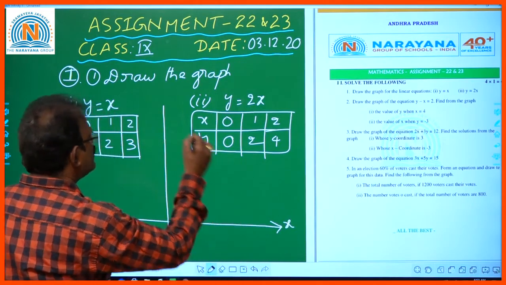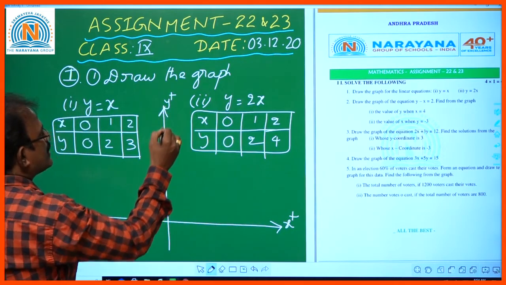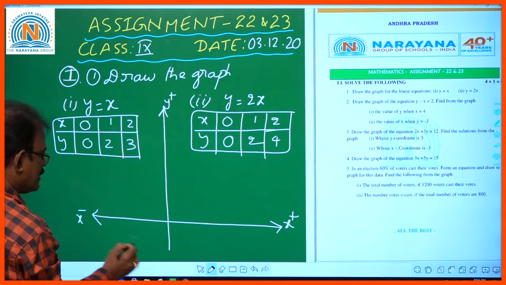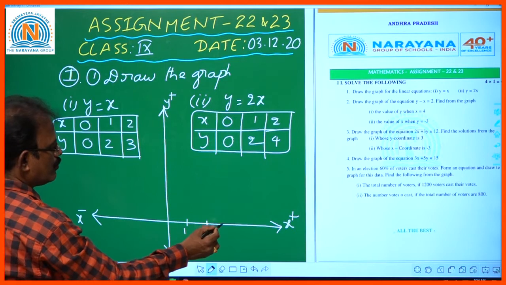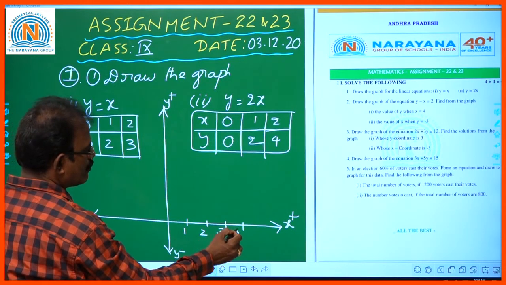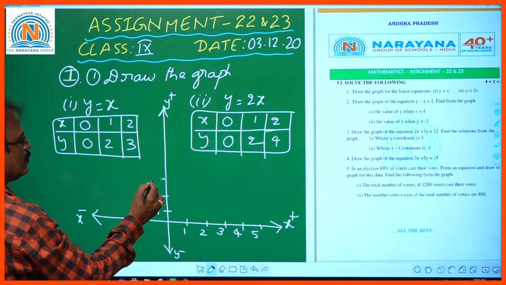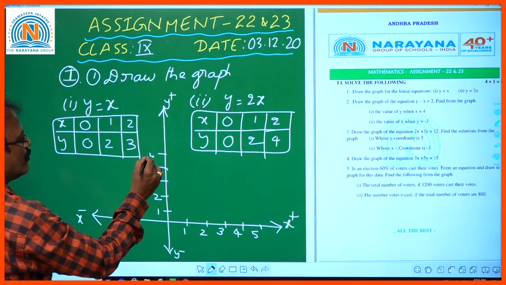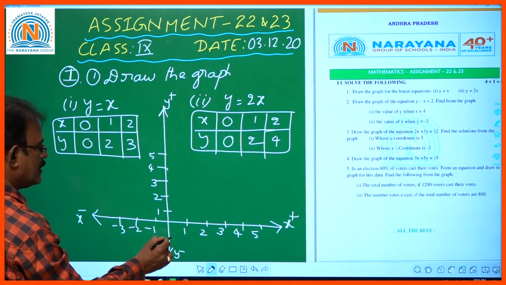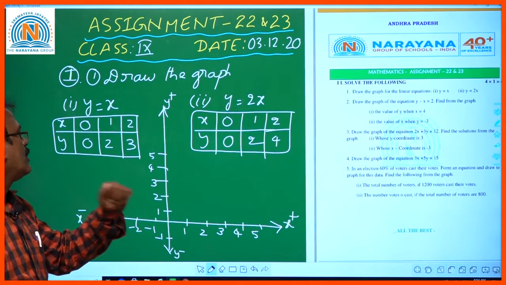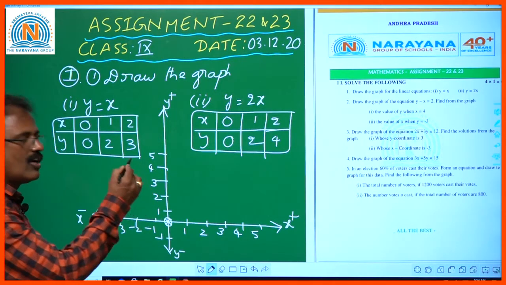Now take the graph. This is horizontal, this is vertical. Horizontal represents the x-axis, vertical represents the y-axis. Now 1, 2, 3, 4, 5 and 1, 2, 3, 4, 5, then minus 1, minus 2, minus 3, like that. Now first 0 comma 0, which is nothing but the origin.